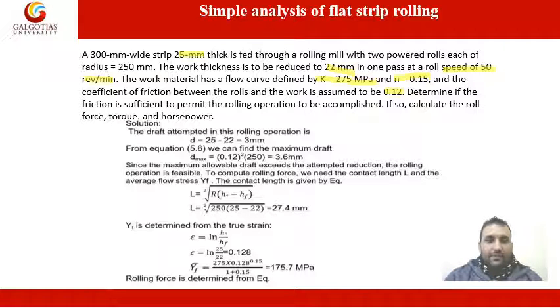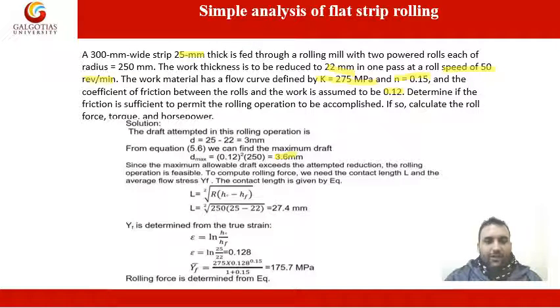The draft attempted in the rolling operation is d, that is the initial thickness minus the final thickness, 25 minus 22, that is 3 mm. From the equation that we discussed, d max is equal to mu square into radius, that is 0.12 square into 250, which is 3.6 mm.